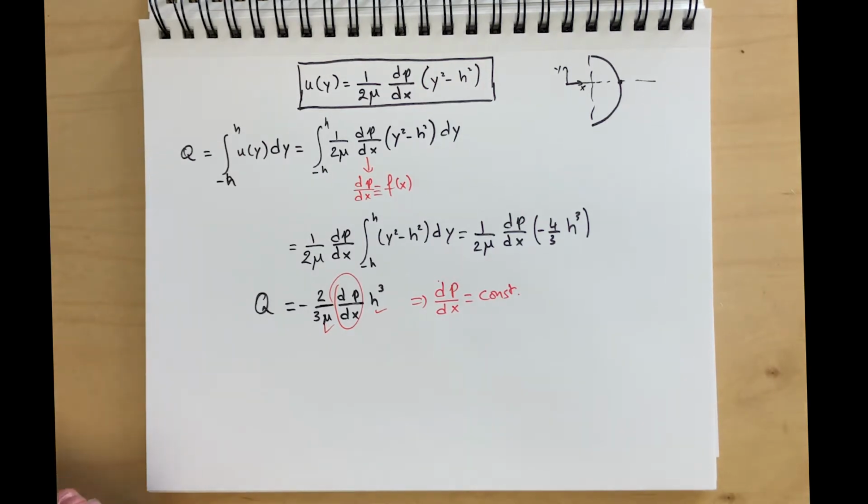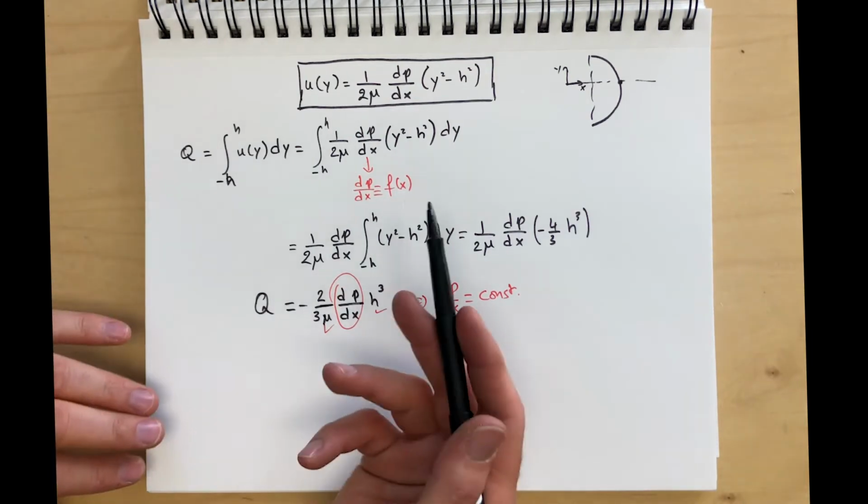This essentially gives you the second type of problem that we will be dealing with. Last time we dealt with the Couette flow problem, where one of the plates was moving, causing the flow to move. In this case, it's the pressure gradient that is causing the fluid to move.